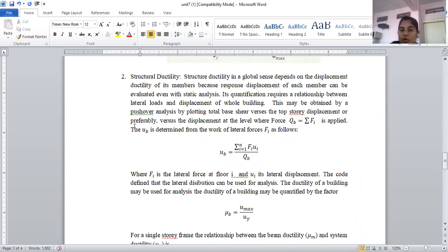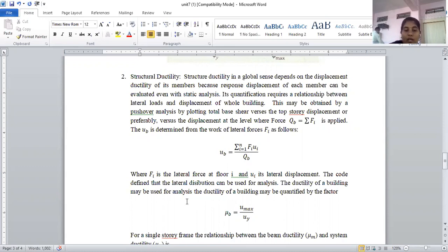UB is determined from the lateral forces, that is Fi, as follows. So in this way, the lateral force and lateral displacement are very important parameters, and the code-defined lateral distribution can be used for this analysis.